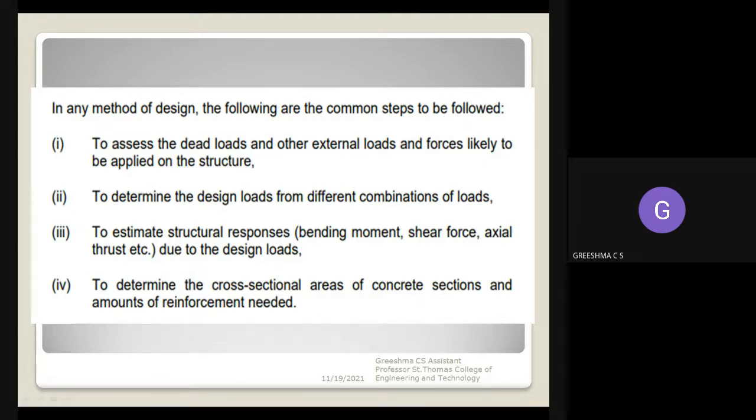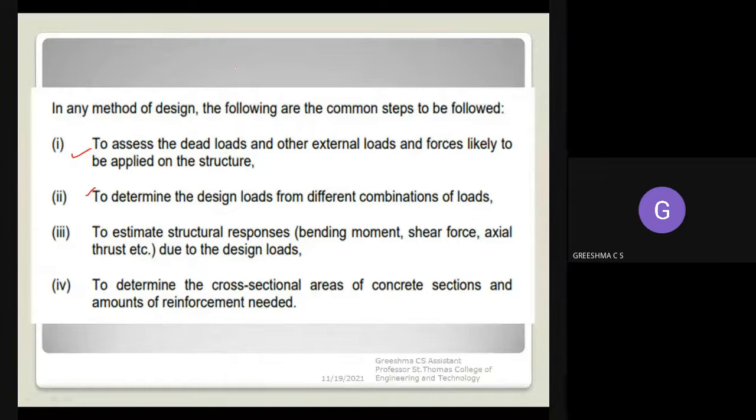Okay, we were discussing about different steps that you have to consider. First is you have to consider the design load, that is, at which load you have to design.